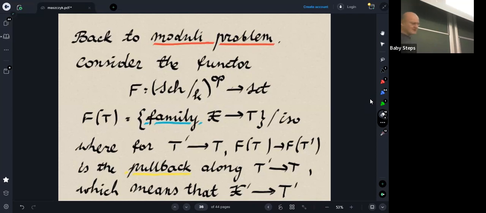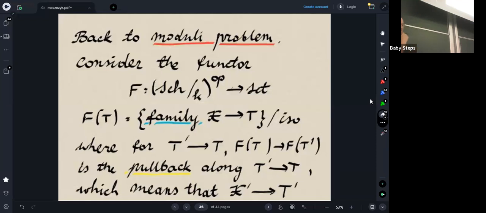If we have a morphism from another base of this family, from T prime, then we have the induced morphism along this functor F, which reverses the direction of this arrow.